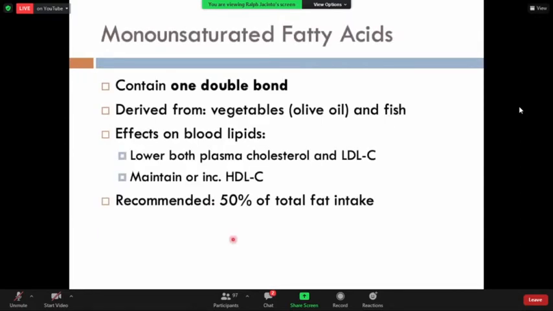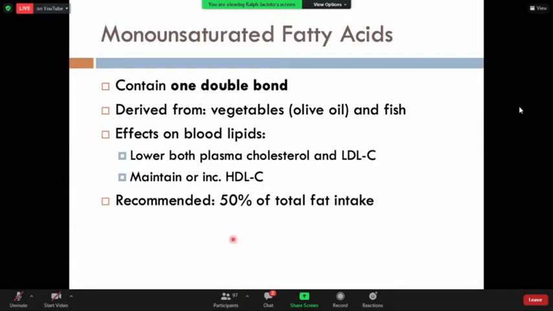Now, in contrast to your saturated would be the monounsaturated fatty acids. So mono meaning one double bond only. So this is derived from some of the vegetable oils. Example would be olive oil. Now, the effects would be it lowers down the plasma cholesterol and LDL. However, not much of an effect in the HDL. Now, take note, the recommendation is this should be about 50% of the total fats that we take in.